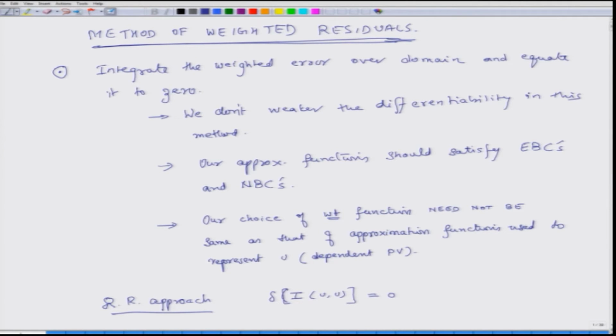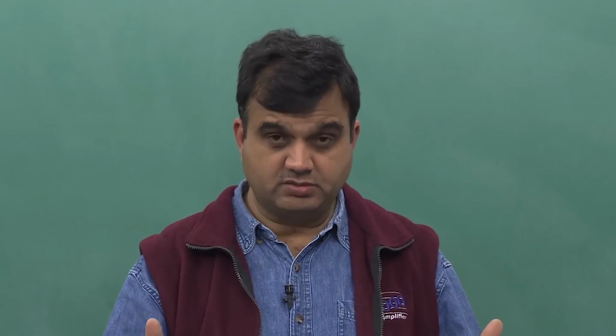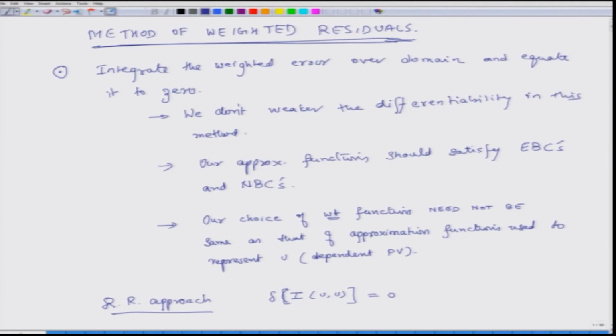And when we take this variation, the interpretation that the first variation of this bilinear symmetric operator I is equal to 0 is that there is some function which is getting minimized. There is no reason to think that all functionals will necessarily be bilinear and symmetric, right.